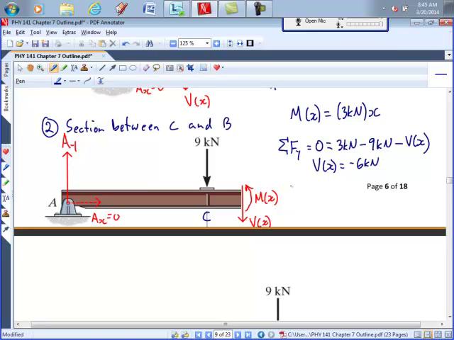To find the bending moment, take the moments about A. So the moments about A is going to give me Mx. It's the only positive moment I've got.